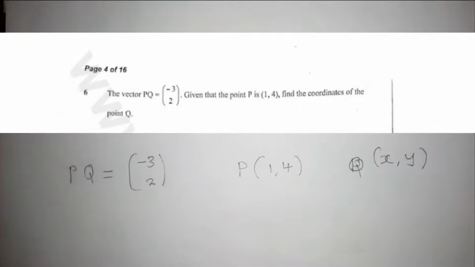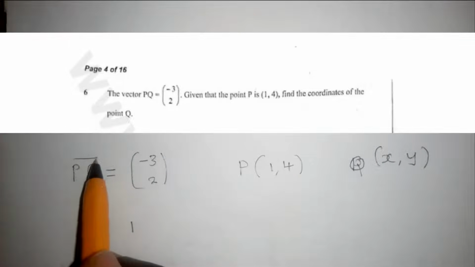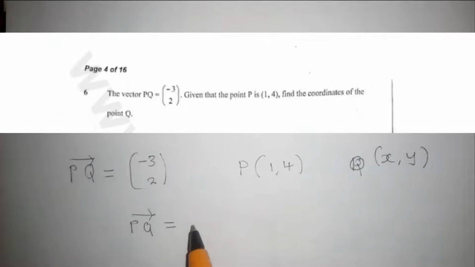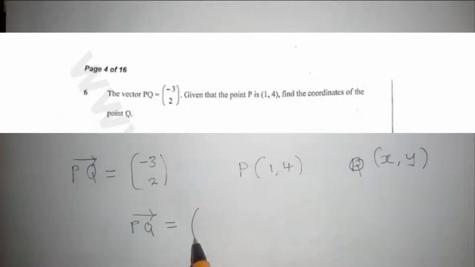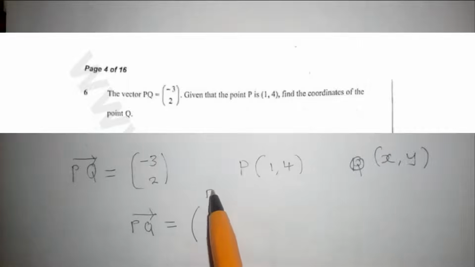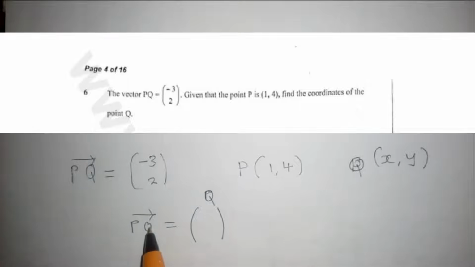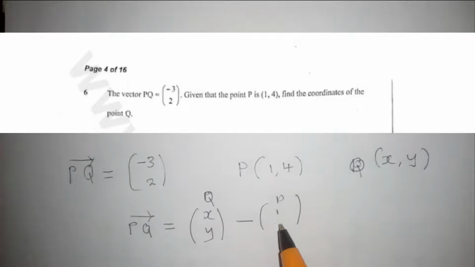Okay, so what we basically do here is to try and find vector PQ. So if we want to find vector PQ, we'll say point P, point Q. Remember, we start with the letter which is to your right side. So point Q, which is (x, y), minus point P, (1, 4).